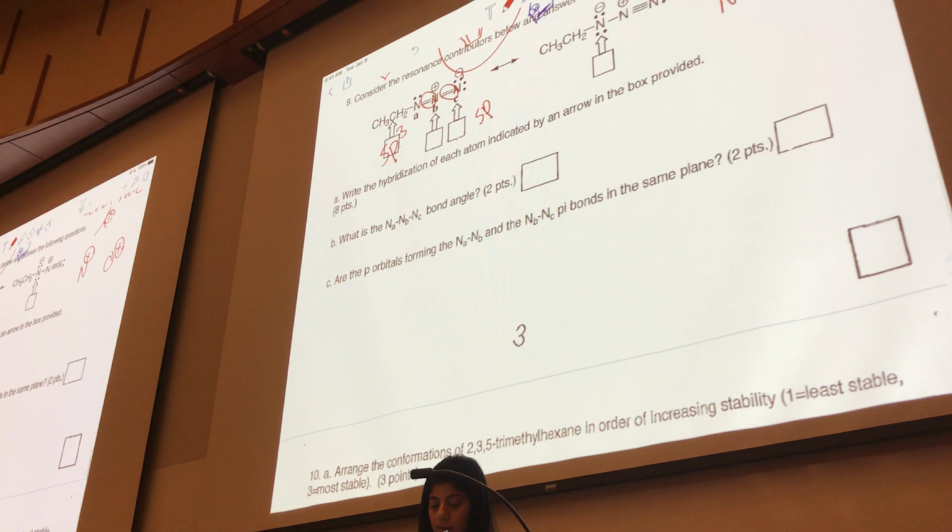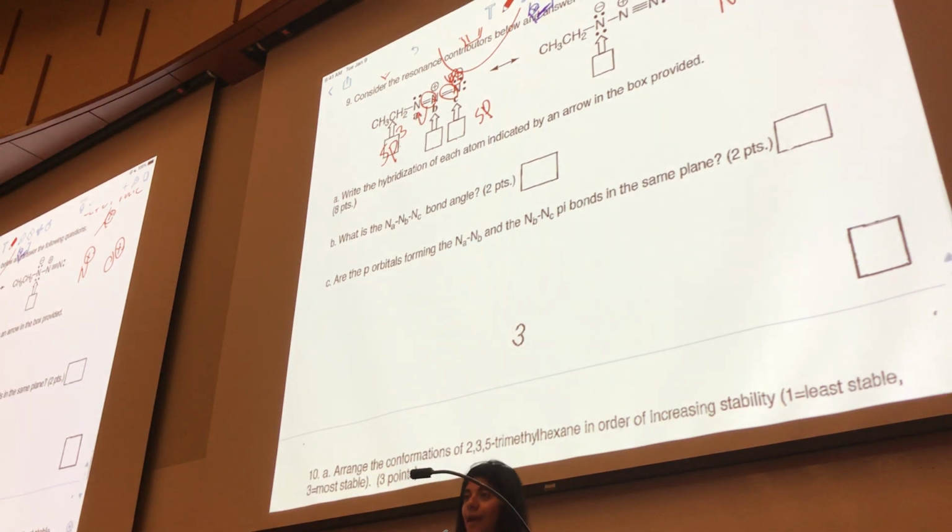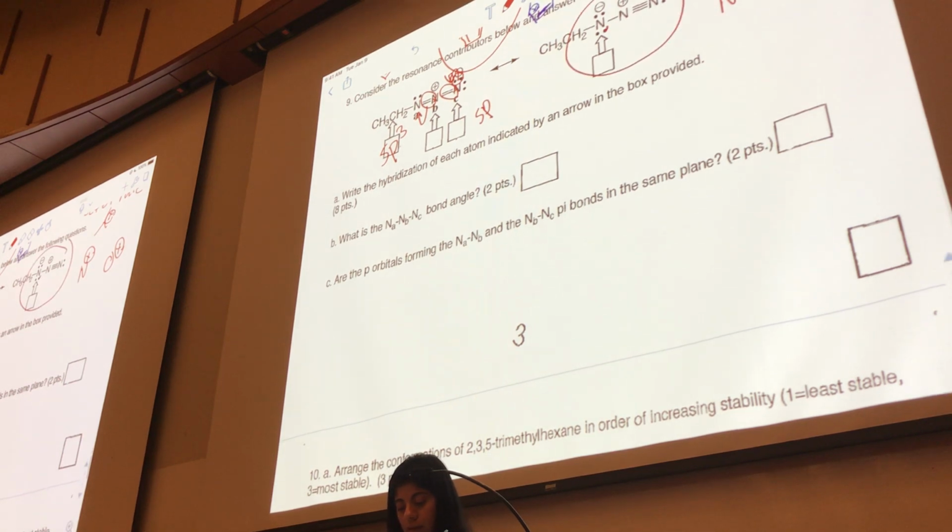The resonance structure is showing that the lone pair comes down like that and pushes these electrons onto that nitrogen, and that's what's being shown over here. You see, that's the lone pair that's been gained, and this is the triple bond that's now been formed. So you just look at the resonance structure and you find the hybridization of that one.